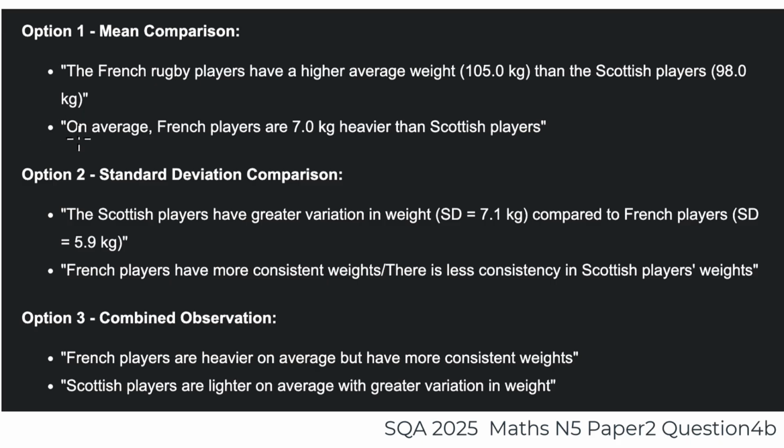Or another way of saying, on average, the French players are 7 kilograms heavier than the Scottish players. That's taking away 98 from 105, gets 7 kilograms heavier. So either of these would be fine.